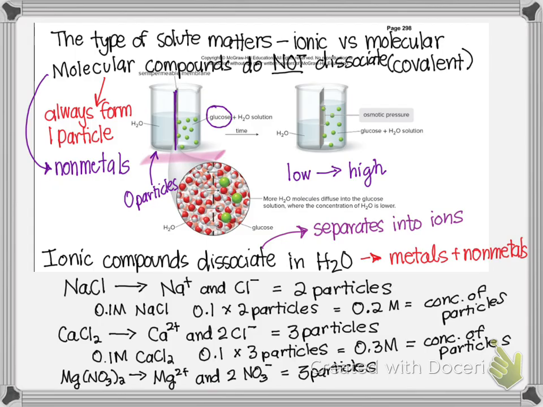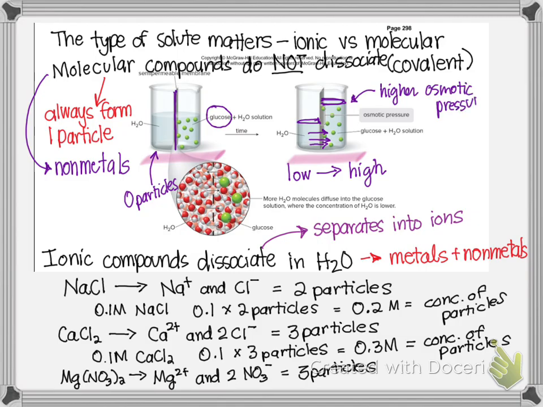Now if you look at this second illustration, what you've noticed is this side is higher now than this side. And that's because the water has moved through osmosis, through that semi-permeable membrane to the other side. Okay, and then this side, the one with the higher particle concentration, has higher osmotic pressure.